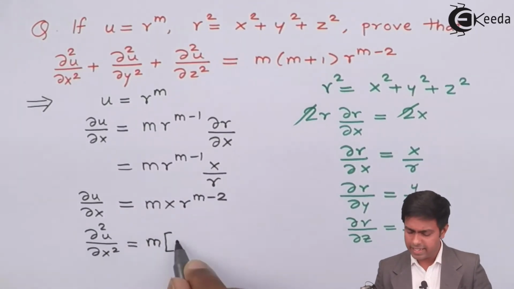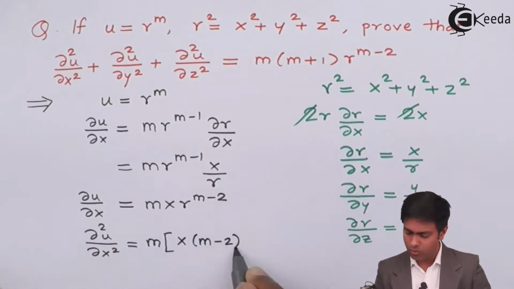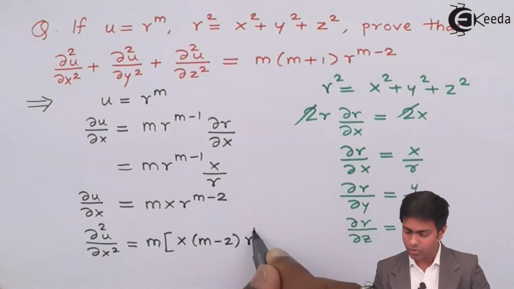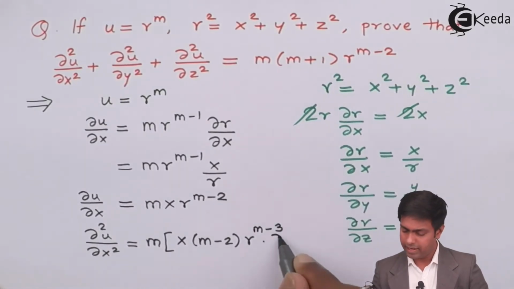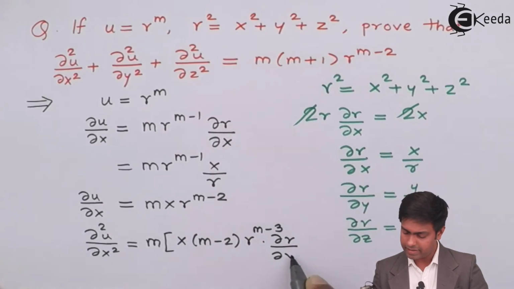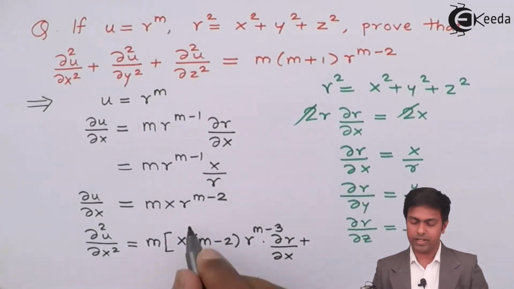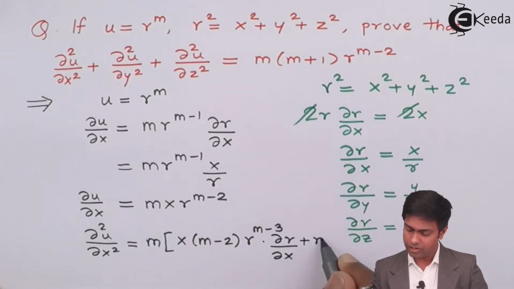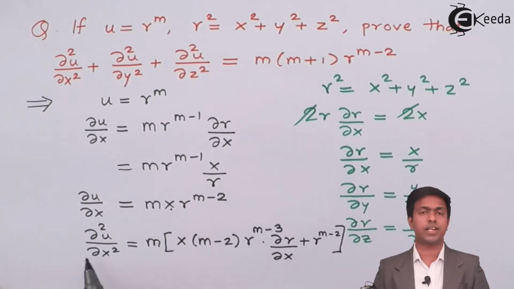So x as it is, the derivative of this term is m minus 2 r raised to m minus 3 into del r by del x, and plus here the value of r raised to m minus 2 as it is, and the derivative of x with respect to x is 1.